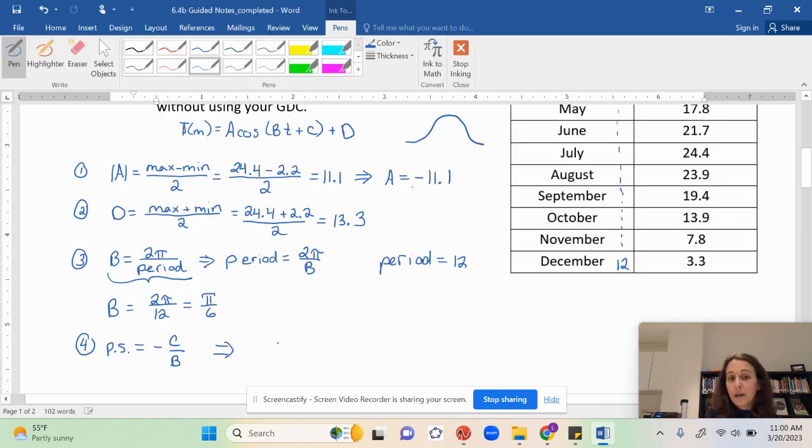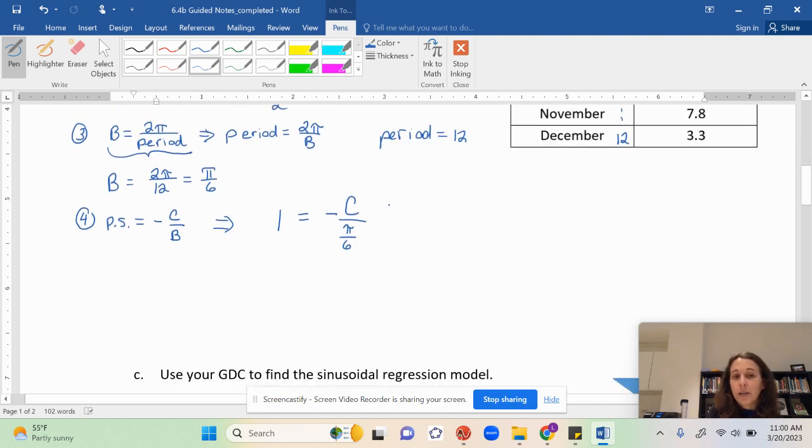And so if I substitute positive 1 in for phase shift equals negative C over B, B is pi over 6. I can multiply both sides by pi over 6 to get rid of the denominator here, which gives me pi over 6 times 1, which is pi over 6, equals negative C. Or also I have C equals negative pi over 6 by multiplying by negative 1 on both sides.